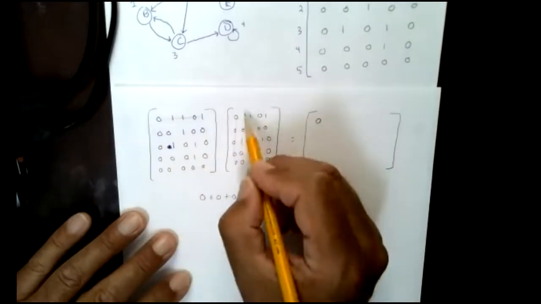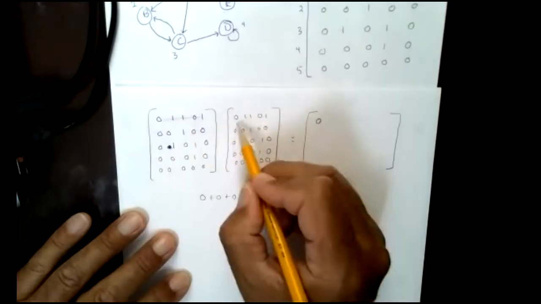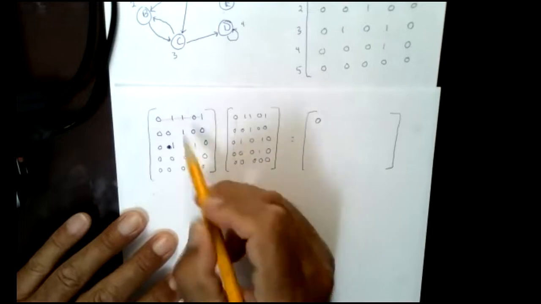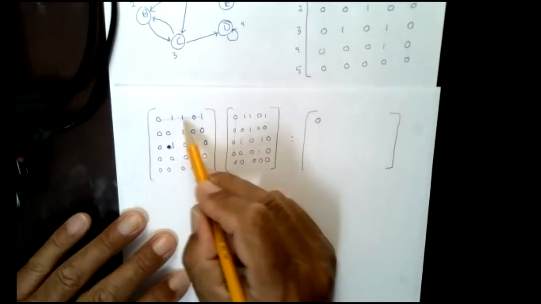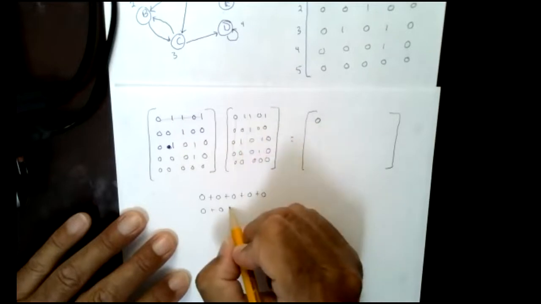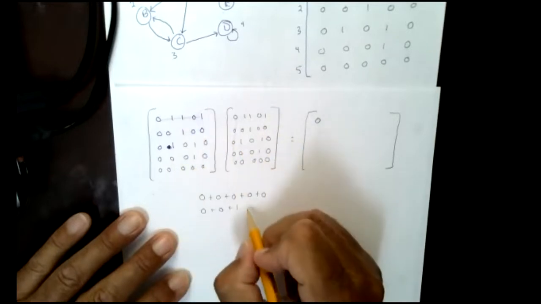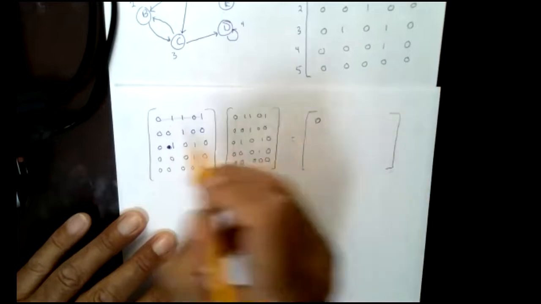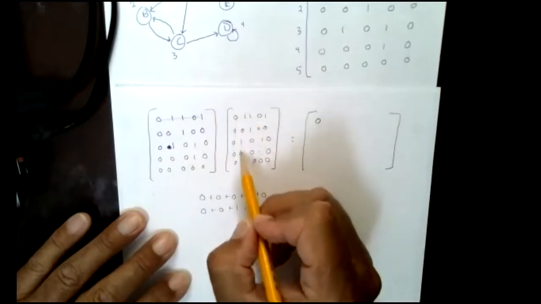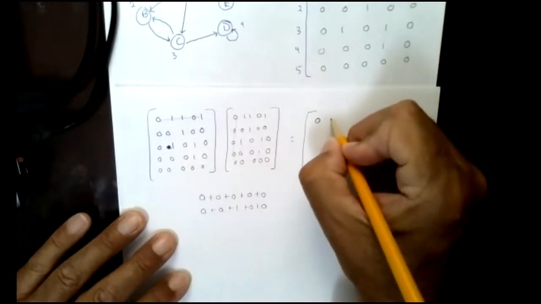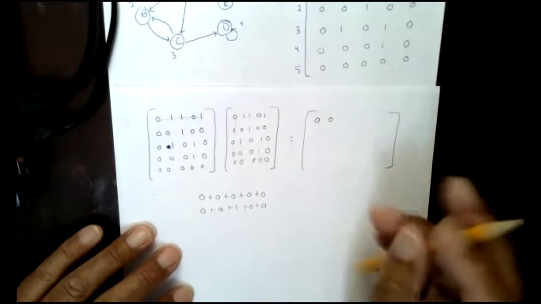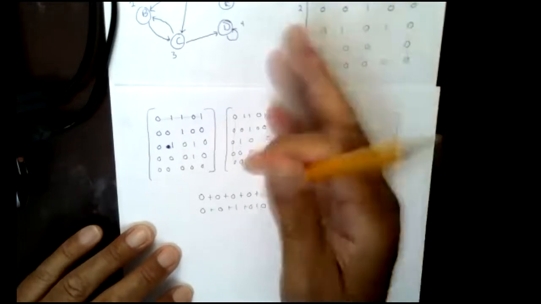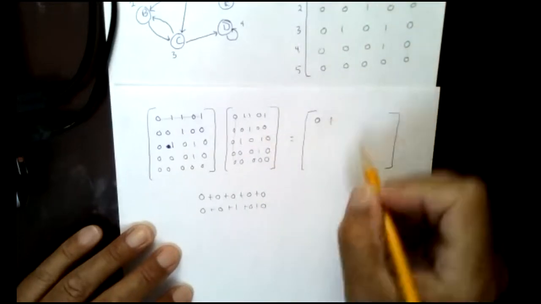Row 1 times column 2. 0 times 1 is 0. 1 times 0 is 0. 1 times 1 is 1. 0 times 0 and another 0. So row 1 times column 2 goes in row 1, column 2. Wait, isn't that a 1? Yes, it is. I wanted to see if anybody's paying attention.